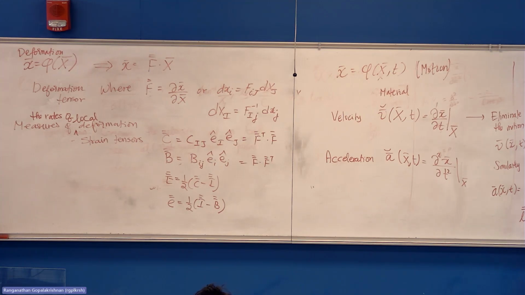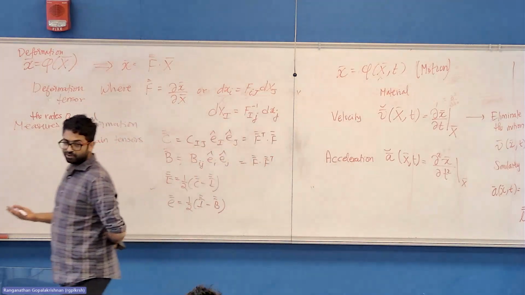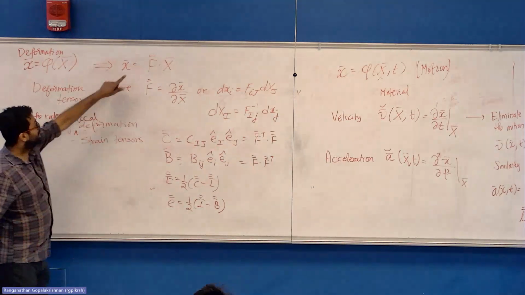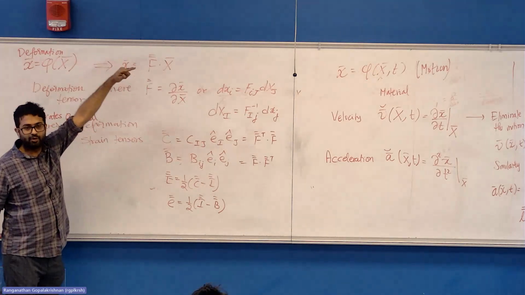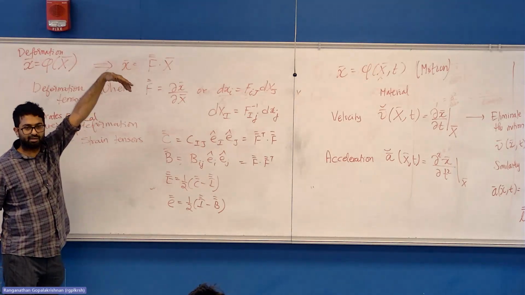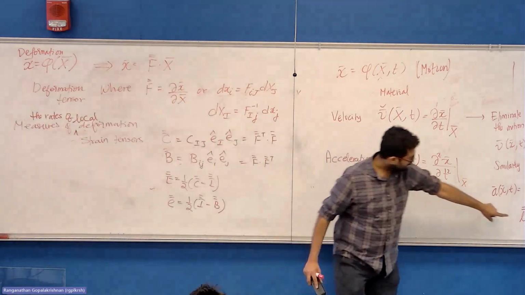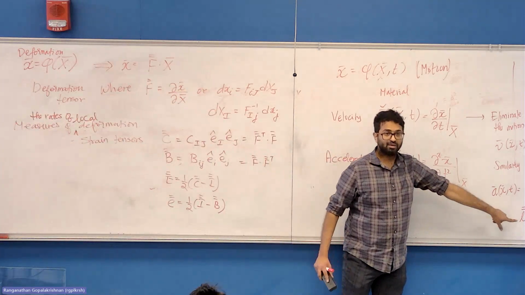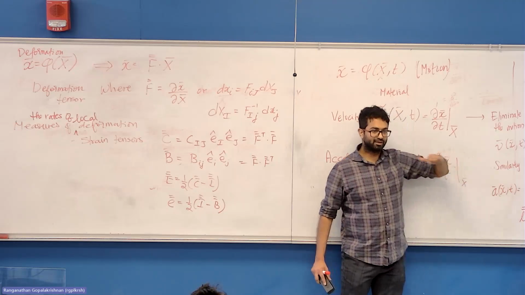So there are two quantities that are pervasive in the study of continuum mechanics. One being the deformation tensor, which is very extensively used in describing strains in solid mechanics situations. And the other is the strain rate tensor, which is ubiquitously used in fluid mechanics whenever there is a deformation.